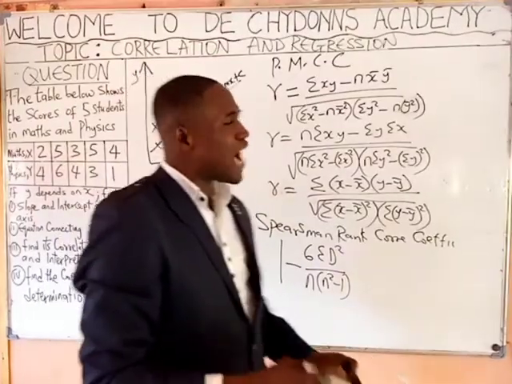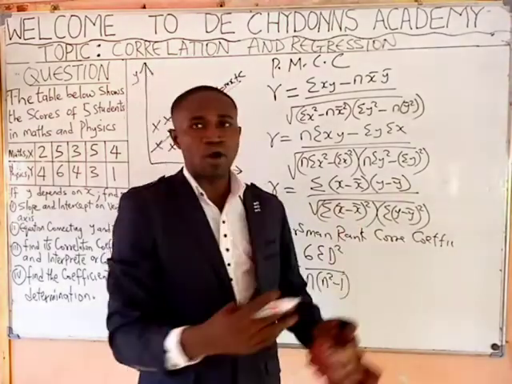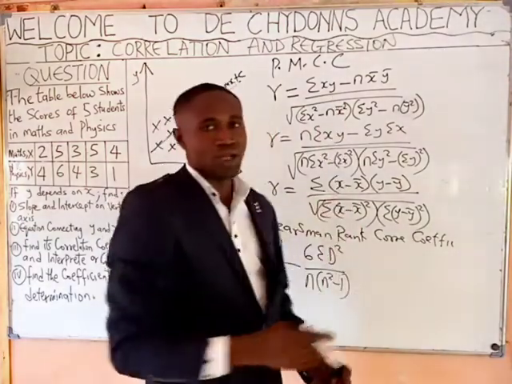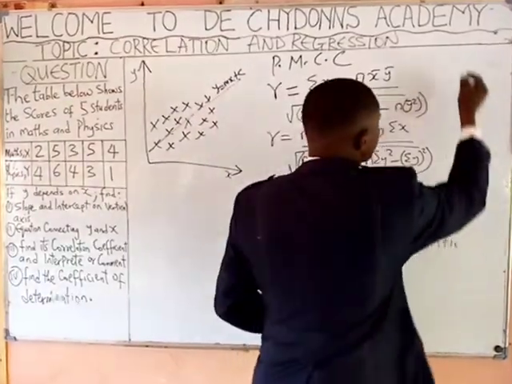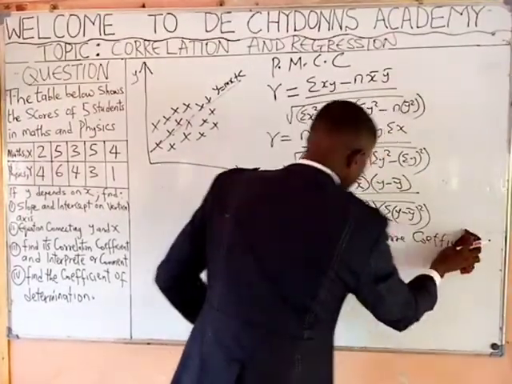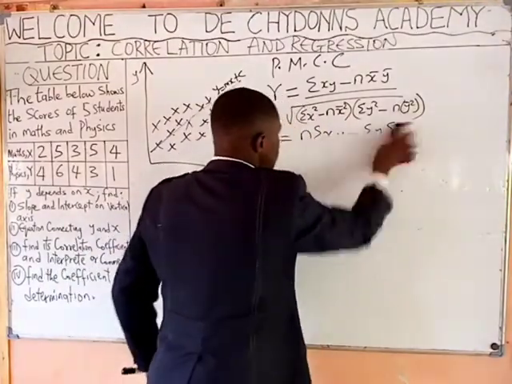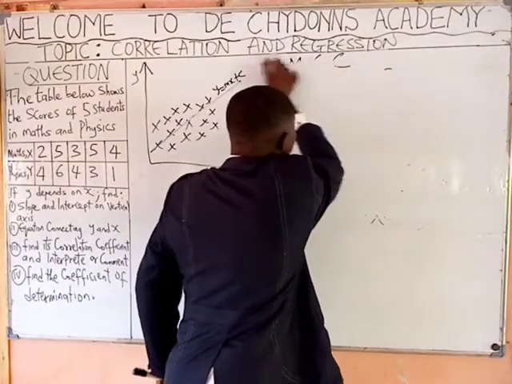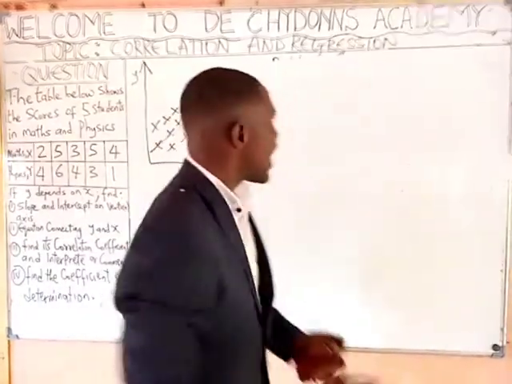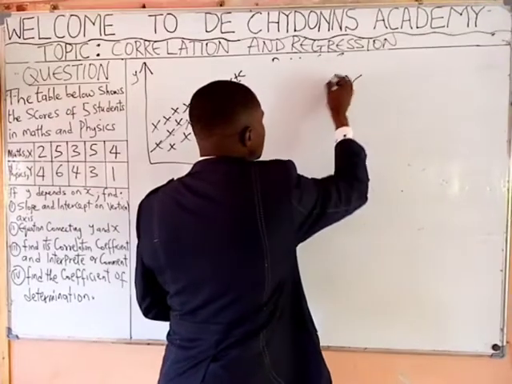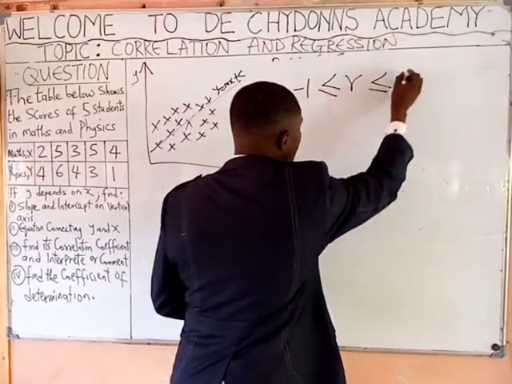Now, we want to see how to interpret results from the correlation coefficient we have calculated. We can be asked to calculate it and interpret it. Note that the correlation coefficient r has a range: r greater than or equal to minus 1, less than or equal to 1.